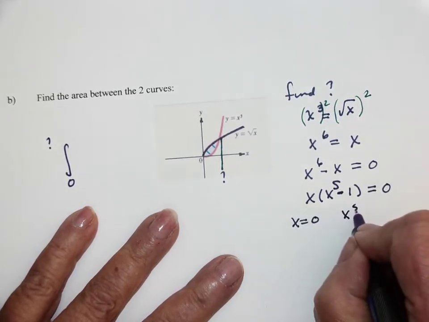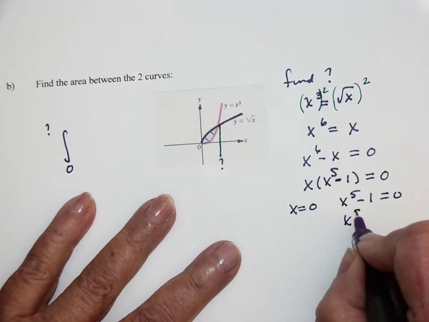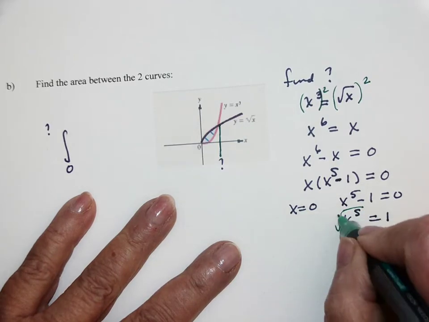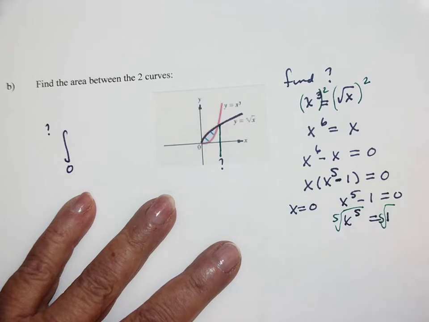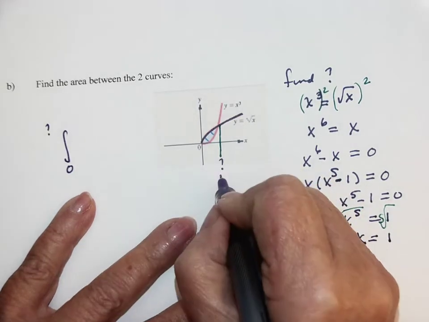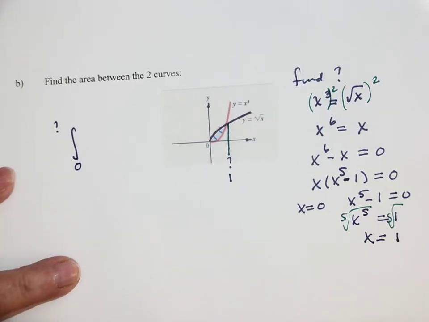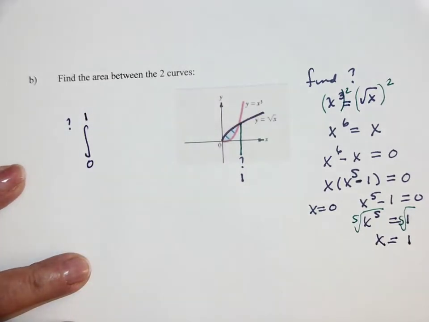This says that x to the 5th minus 1 equals 0. x to the 5th equals 1. Take the 5th root of both sides, and since it's an odd index, I don't need the plus or minus. So x is just 1. So this question mark is 1. So the limits of integration are from 0 to 1.